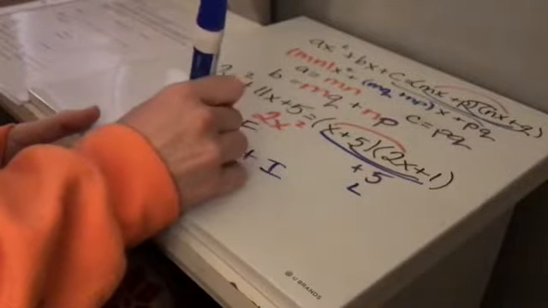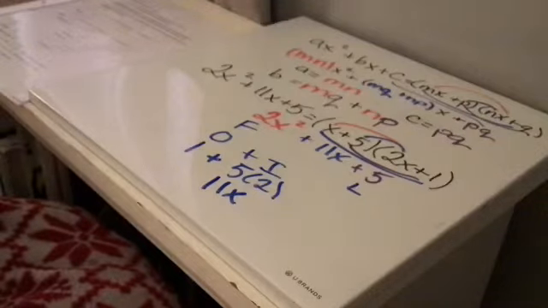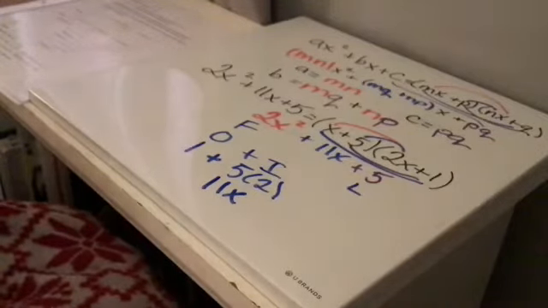So that would be 1 plus 5 times 2. And that's how you get your 11x when you FOIL.